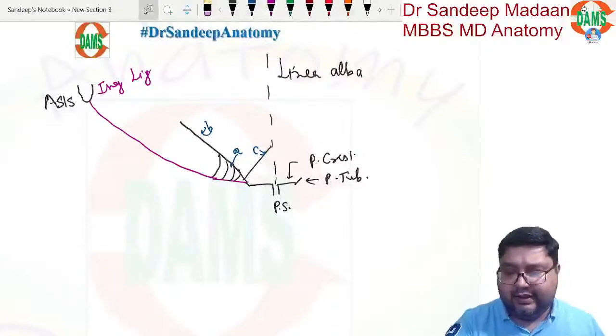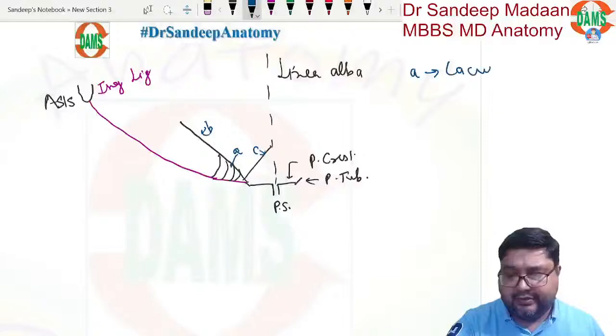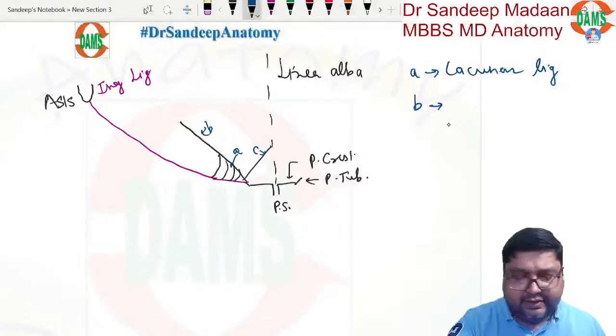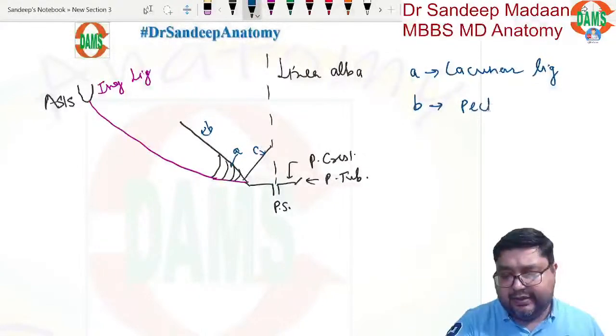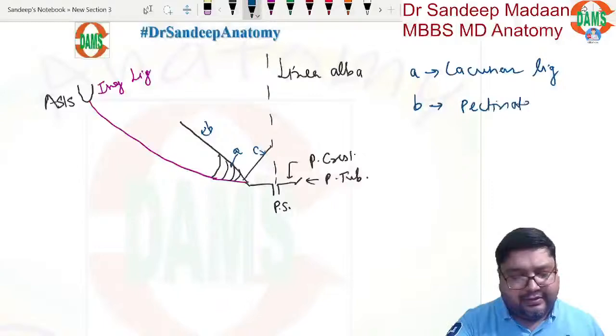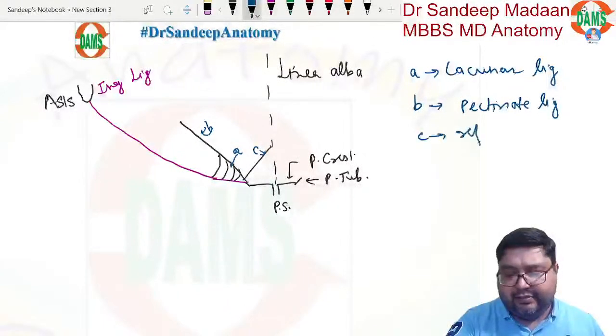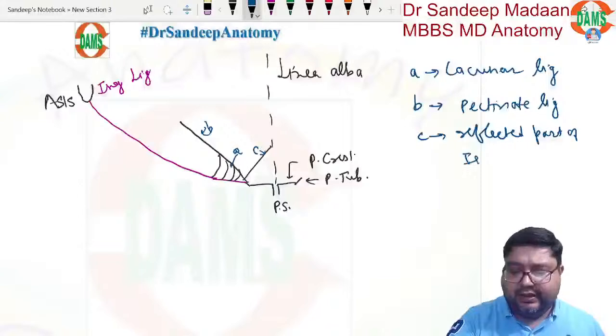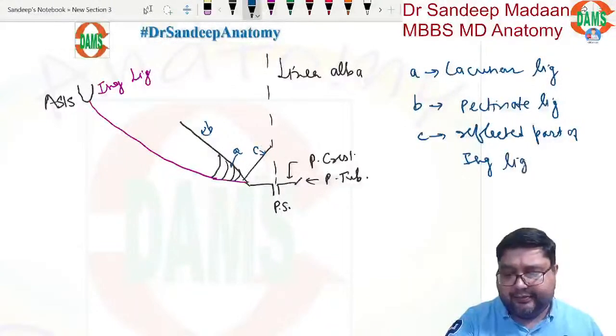What is A? A is the lacunar ligament. What is B? B is the pectinate ligament. And what is C? It is the reflected part of the inguinal ligament.